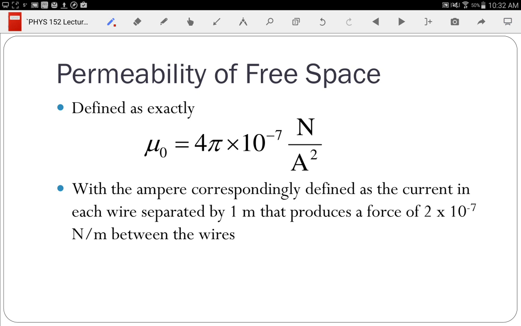The speed of light, at least, is only 8 digits. This is an exact value, but pi is an irrational number, so it has an infinite number of digits. But as long as you put 4 pi times 10 to the minus 7 in your calculator, you're fine. So that's the value for the permeability of free space. It tells you how easily you can magnetize free space.